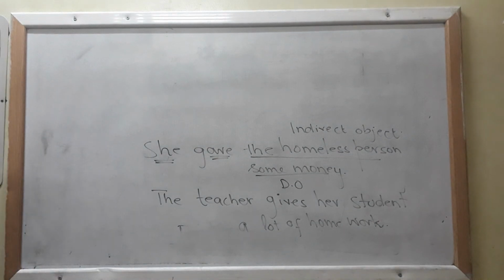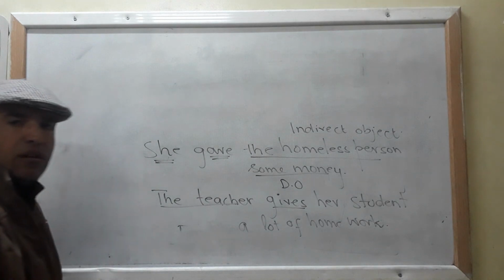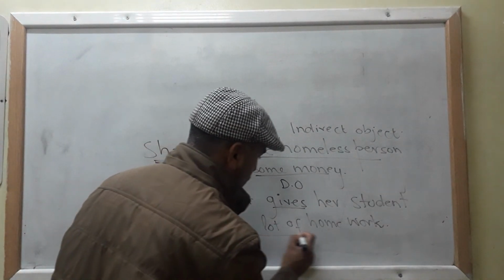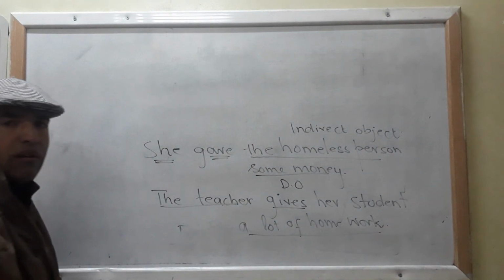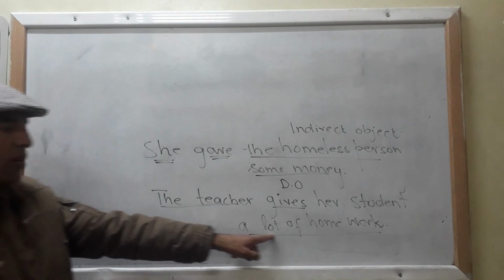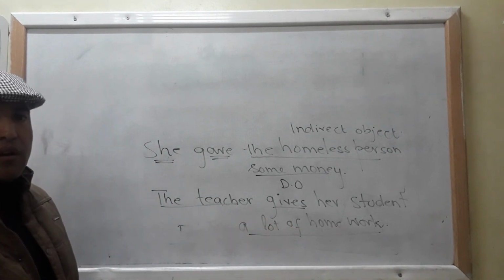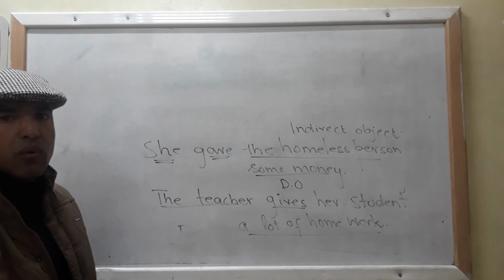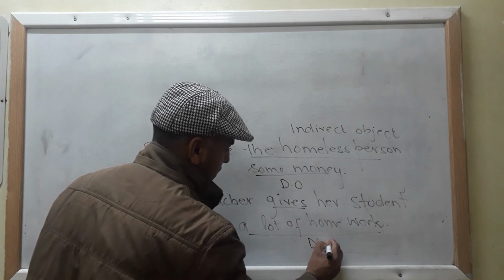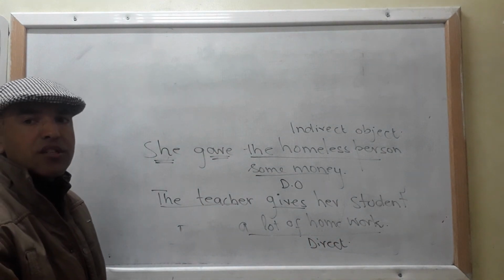Now look, subject the teacher, verb gives. What does the teacher give? A lot of homework, a bit lengthy object. So this part of the sentence answers the question what. So this is your direct object.